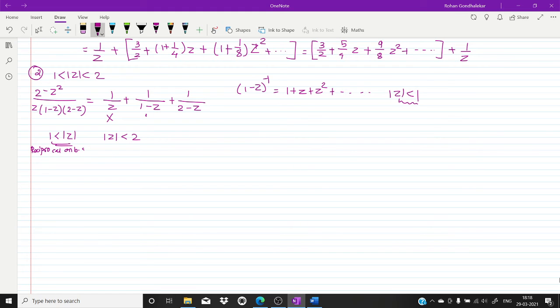Reciprocal on both sides. 1 as it is, the less than becomes a greater than, and mod z becomes 1 upon mod z. So rewriting this again, 1 by modulus of 1 by z is less than 1. Why I am writing modulus of 1 by z? Because the 1 has a modulus, it's 1. So numerator modulus and denominator modulus I have combined.